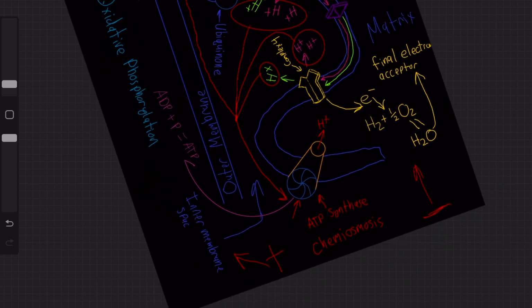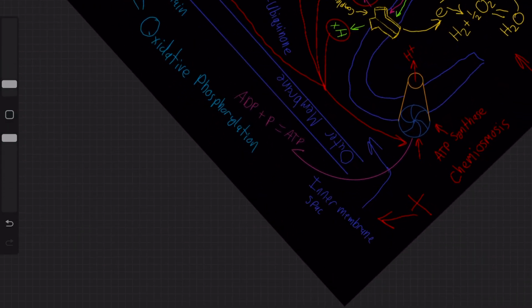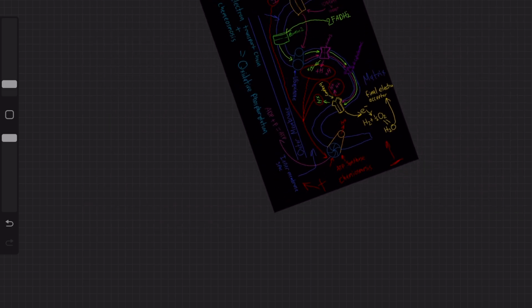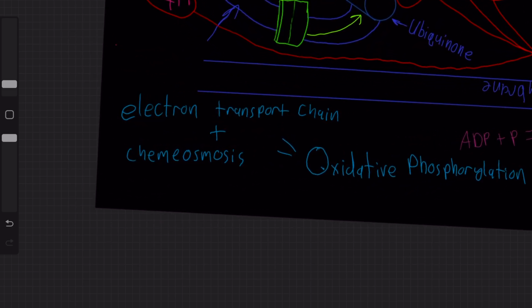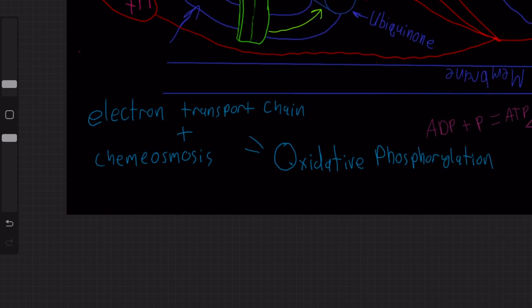All the ATP synthase does is take an ADP and a phosphate and make it into adenosine triphosphate, or ATP. That process is called chemiosmosis. Those two processes together, the electron transport chain and chemiosmosis, equal oxidative phosphorylation.